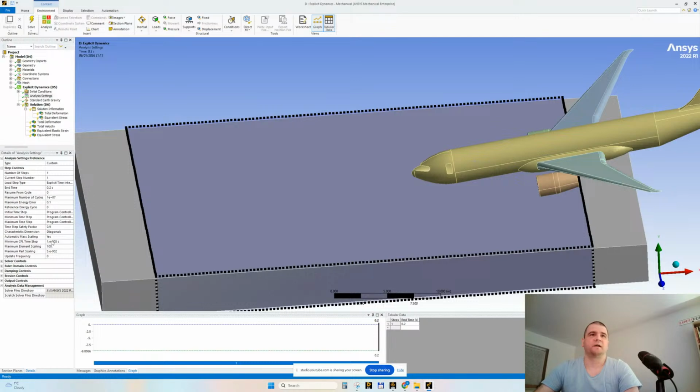I asked for such a time step. Let's see if it gives such a time step. If we increase the time step, then the solving will be much faster. I'm looking at the clock a little.